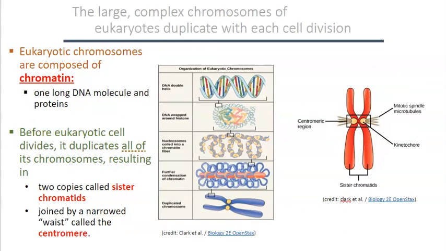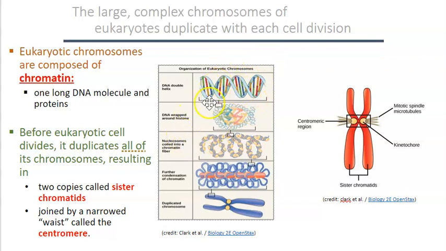So our chromosomes, eukaryotic chromosomes, are going to be made up of something called chromatin. And chromatin is really a DNA molecule that's wrapped around little histone proteins. So right here we can see DNA. Again, we expect DNA to be double-stranded, right? And you can see that.